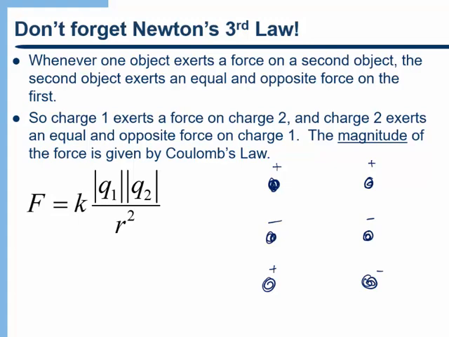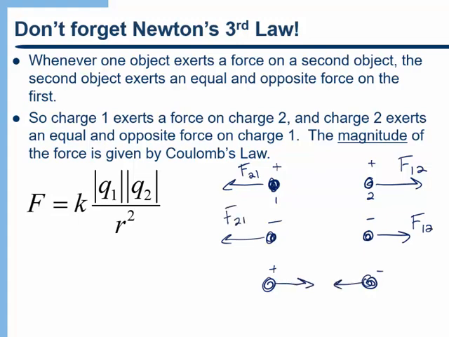Doesn't matter which charge is bigger. So in other words, if this is charge 1 and that's charge 2, F12 and F21 are always equal and opposite, no matter what, no matter how big the charges are. Here, again, we would have repulsion, F12 and F21. And then here, of course, we would have attraction.